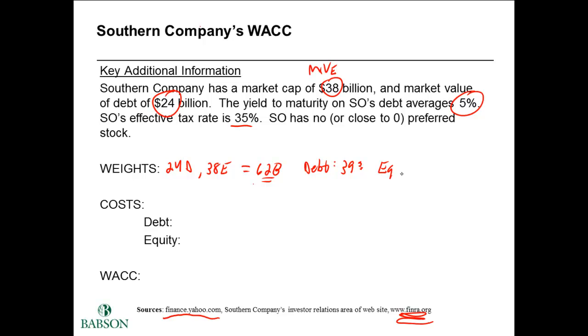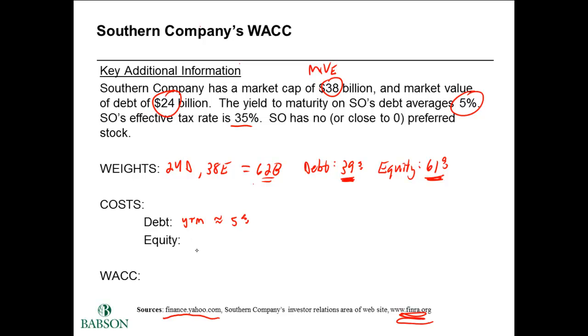And equity, of course, is going to be the difference, 61%. And I can confirm that 38 divided by 62 is about 61%. So how is Southern Company financed? With a shade under 40% debt and a shade over 60% equity. How about the component costs? On the previous slide, we saw that the yield to maturity on Southern Company's debt is about 5%.